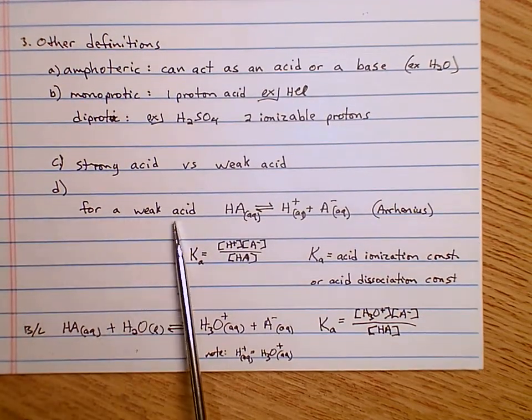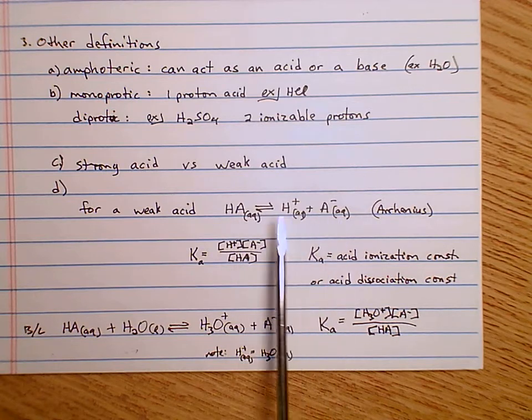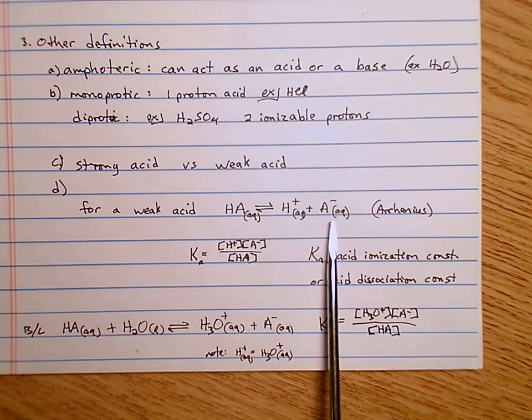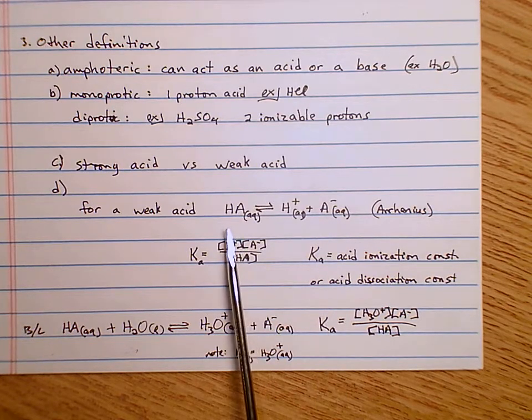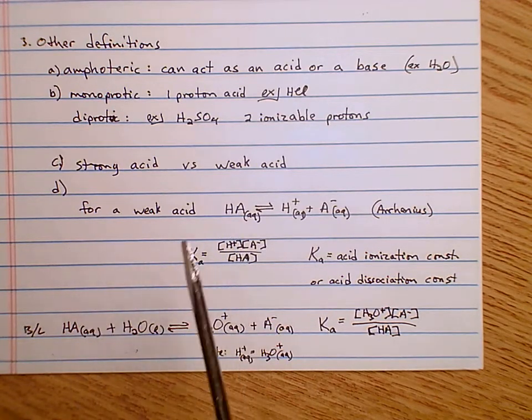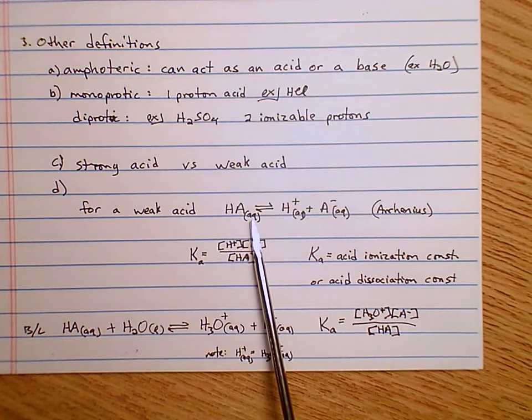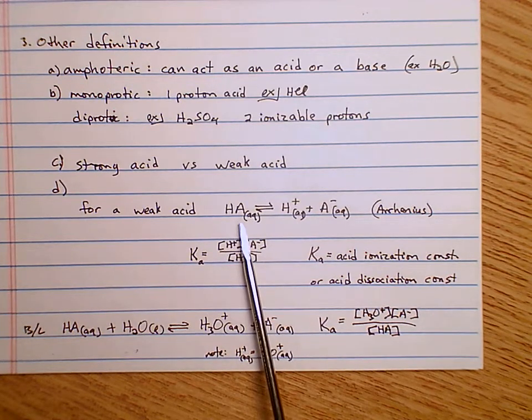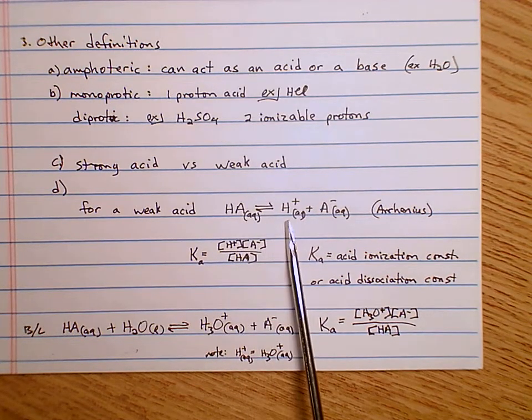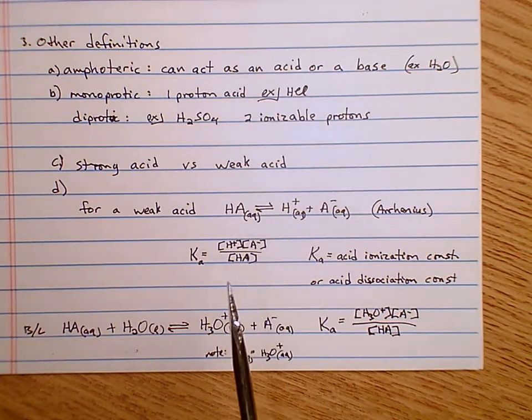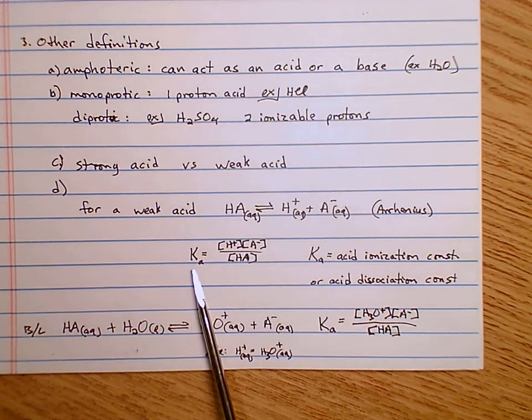All right. And for a weak acid, since we have equilibrium, and I'm writing it the way Arrhenius would, it's just less to write. I'm going to abbreviate my weak acid as HA. So HA, my weak acid, is in equilibrium with H+ plus A-. It's an equilibrium, so it must have an equilibrium constant. And we call that equilibrium constant the acid dissociation constant, or acid ionization constant, Ka.